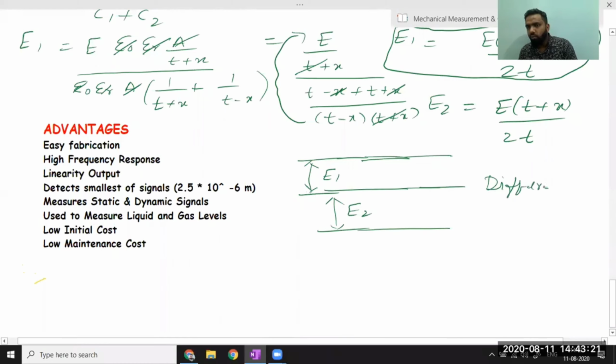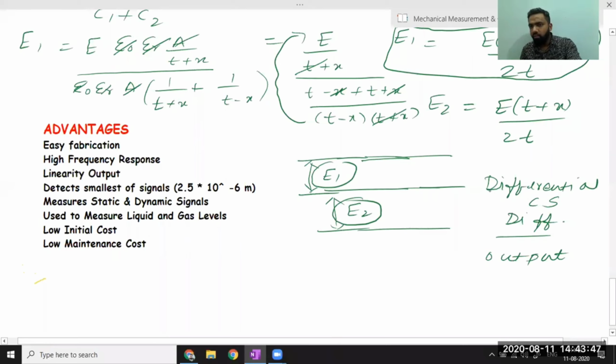I have already told you differential system means some kind of a difference. So when you study a differential capacitor system or differential voltage system, you always take the difference of your output. Our output is capacitance. You can even say that when the plate changes its position, its voltage changes. So we need to feed this output so that we get the difference of voltage.